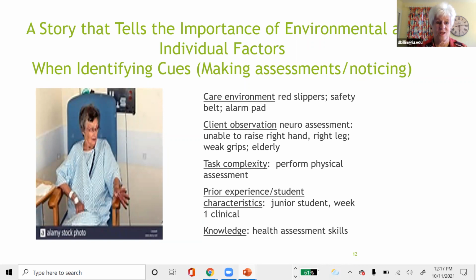And had I not been there, and the patient, my friend, had stood up, she was a fall risk. So the student missed putting the cues together in a way that came up with the diagnosis that this patient was a fall risk. I, of course, said, well, I don't think she can stand up.